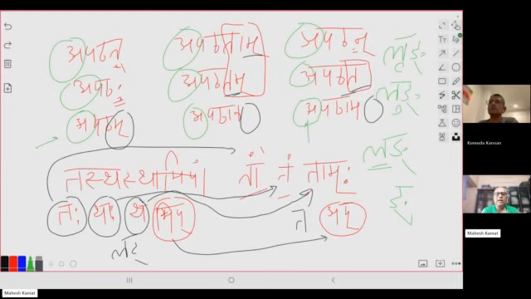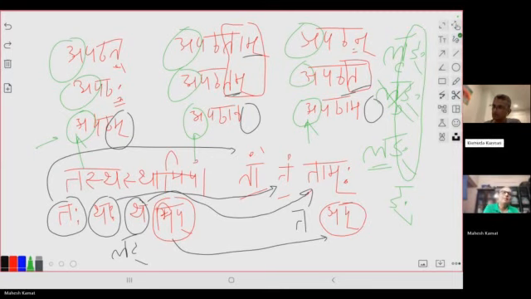All will have this additional a coming. Of course, you don't know lung, and we are going to study lung later. But there also you get this because all these are having ng.